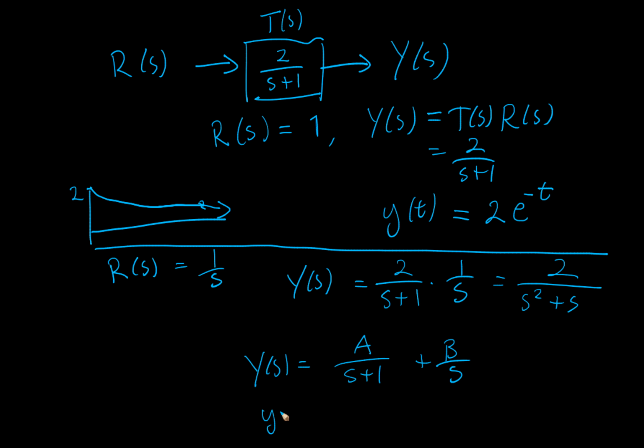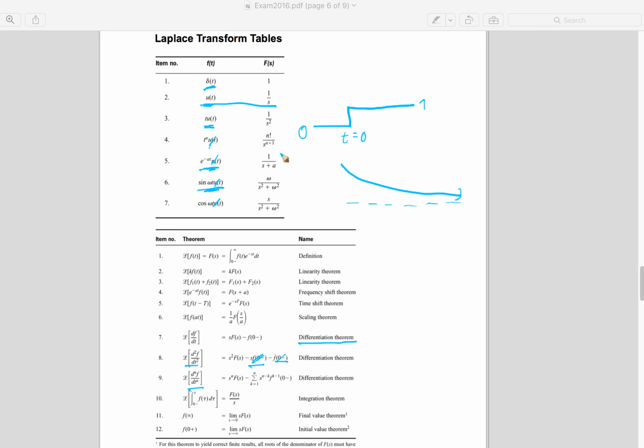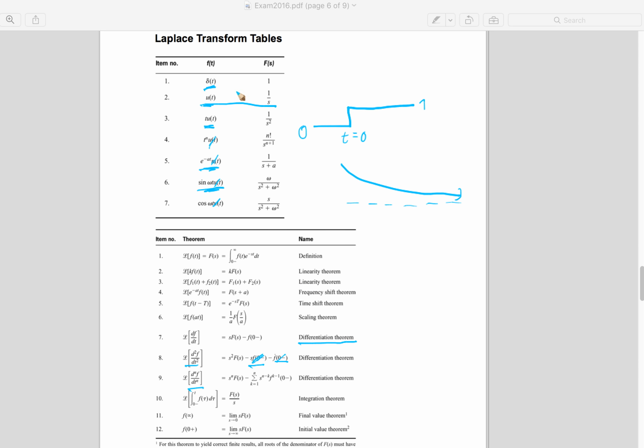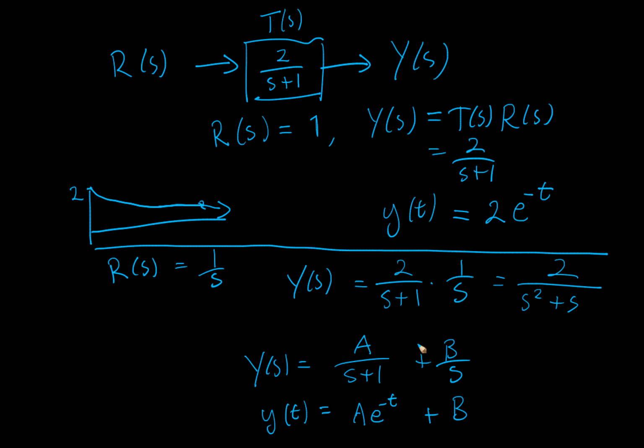Then the time response is the inverse Laplace transform of these two components: 1 over s plus 1 and 1 over s. So it's going to be A times e to the minus t plus B. For 1 over s, the inverse Laplace transform is just, after t equals 0, just 1. So for t greater than or equal to 0, this is what the response is going to look like.